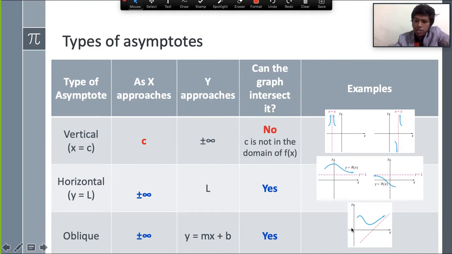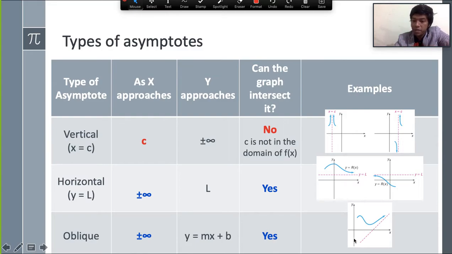Another new thing here is the oblique asymptote. Oblique asymptote means when you start giving bigger and bigger numbers for x, or smaller and smaller numbers for x, sometimes the graph comes closer and closer to some inclined line, not horizontal, not vertical.